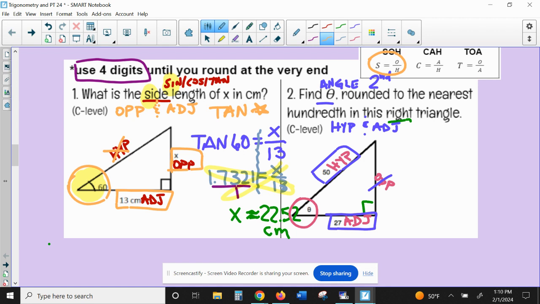No, because we don't have the O, right? Cosine. Hypotenuse and adjacent, hypotenuse and adjacent. Winner, winner, chicken dinner. So we are going to be using cosine. And if you want to get technical, we're actually using inverse cosine with the little baby -1, aren't we? That's about what we're about to do, right?